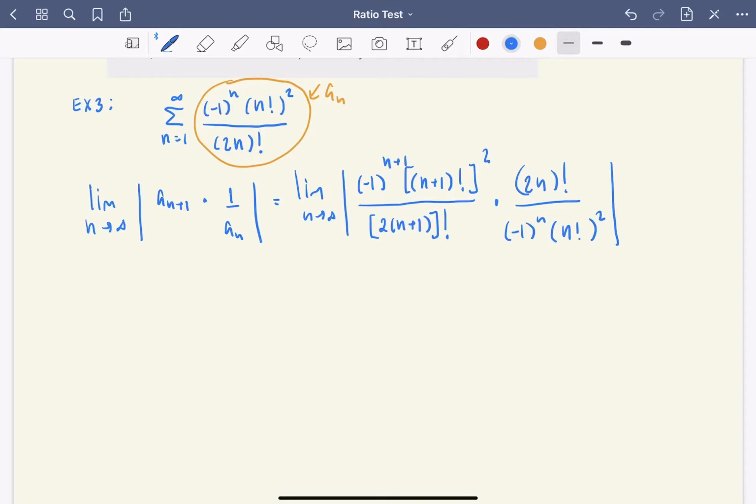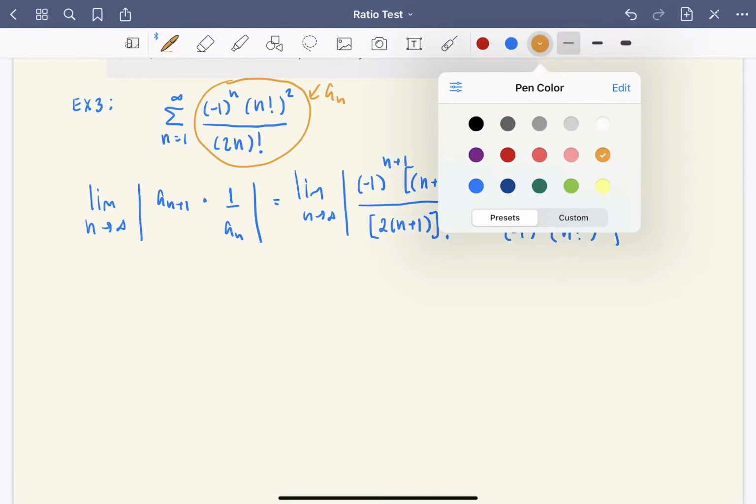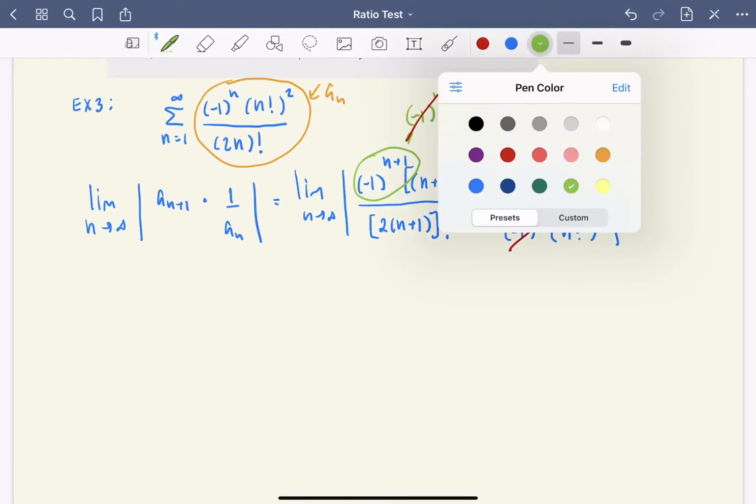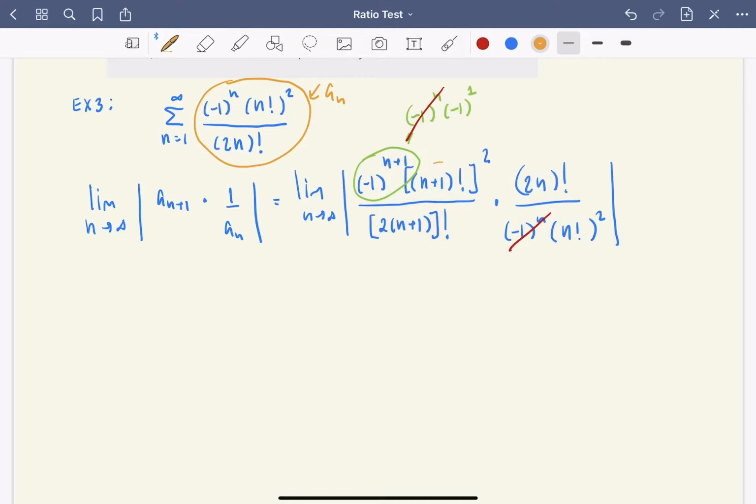Alright, so we simplify. What is this one? This is negative 1 raised to n times negative 1 raised to 1, and the negative 1 raised to n cancels out. And then we see that n plus 1 factorial is n factorial times n plus 1.